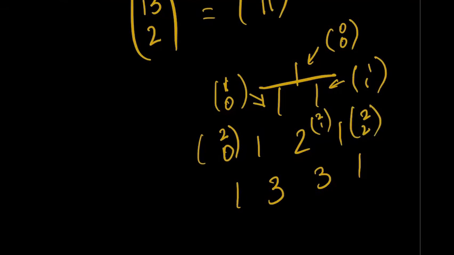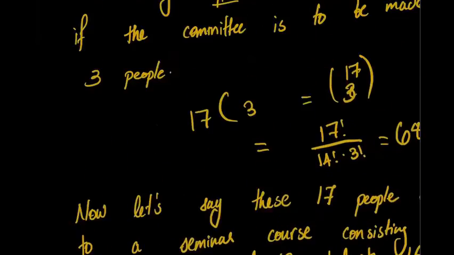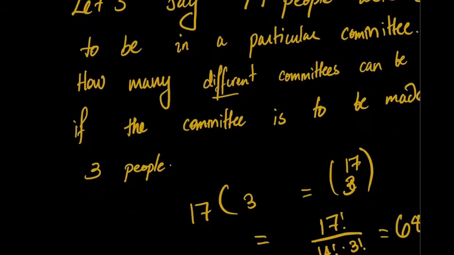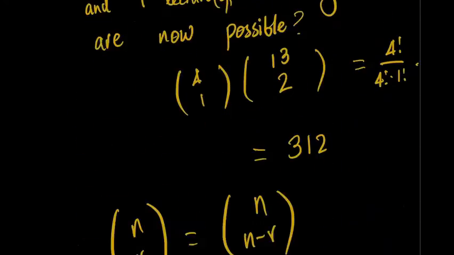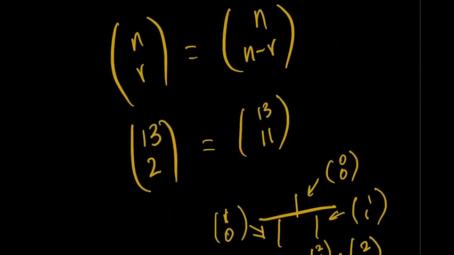As you can see right here, 2 choose 0 and 2 choose 2 are equivalent, which continues to satisfy the idea that n choose r is equal to n choose n minus r.